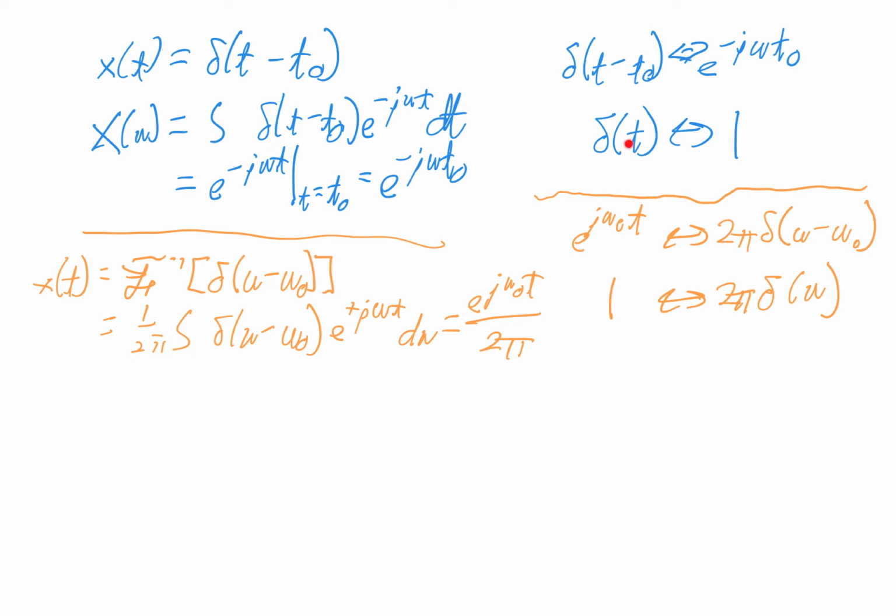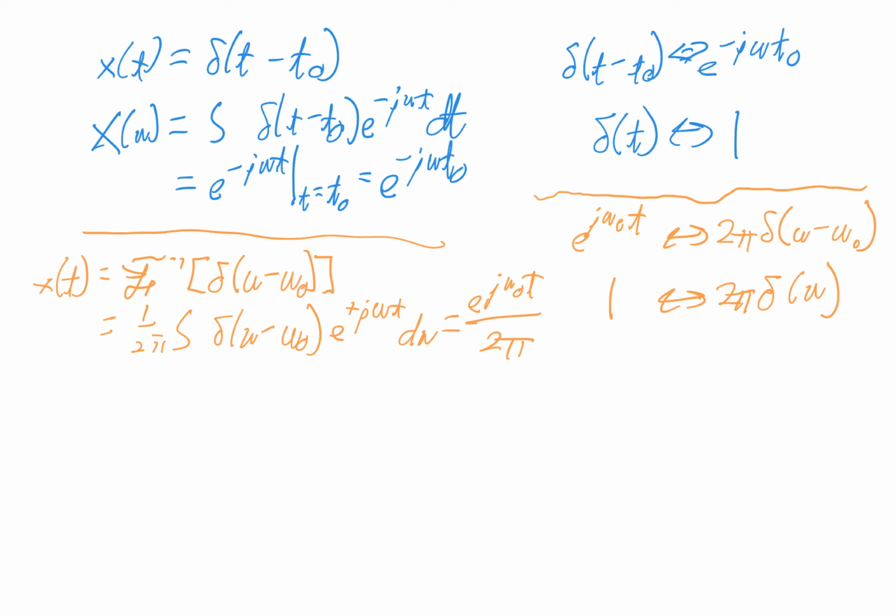Here we see if I delay that impulse by t0 seconds, the magnitude of 1 stays the same, but I have changed the angle to omega, which is my frequency variable, times whatever my time delay was.